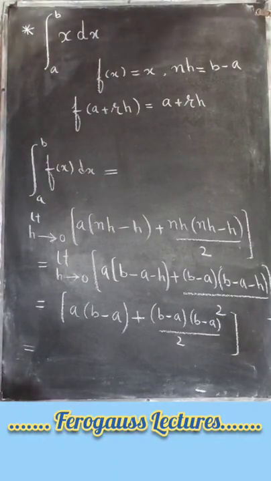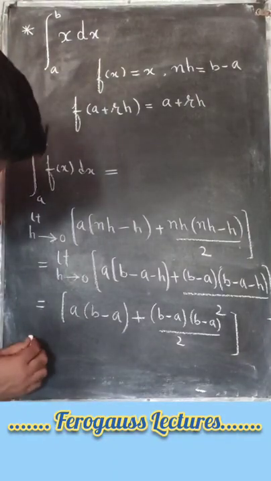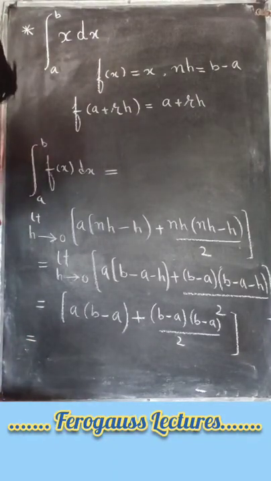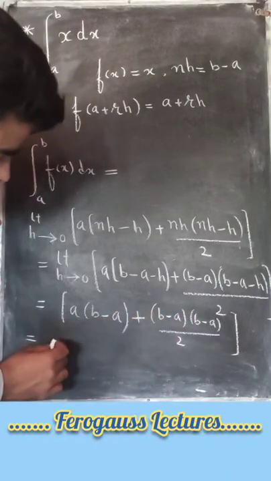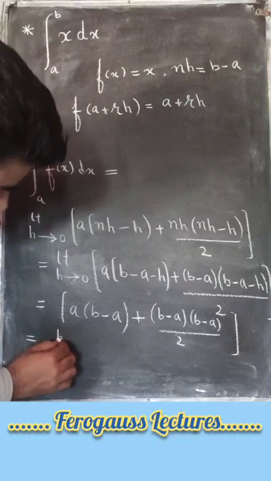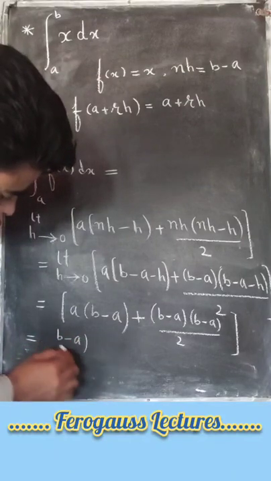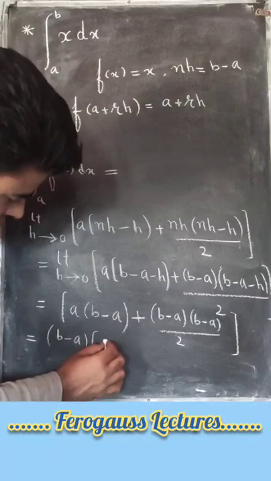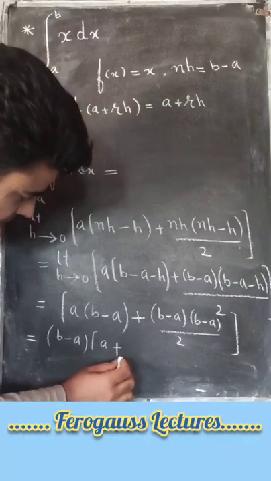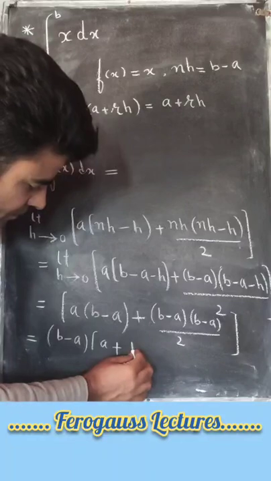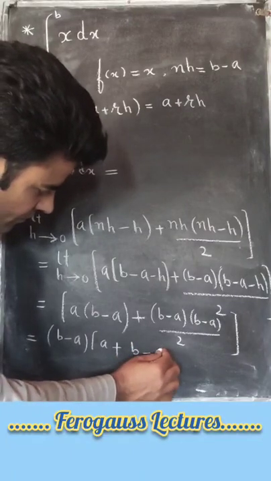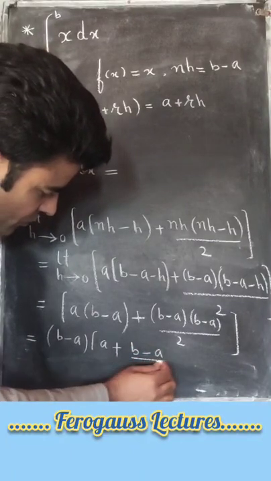That is further equal to, now we can take b minus a common, so we get b minus a into a plus b minus a divided by 2.